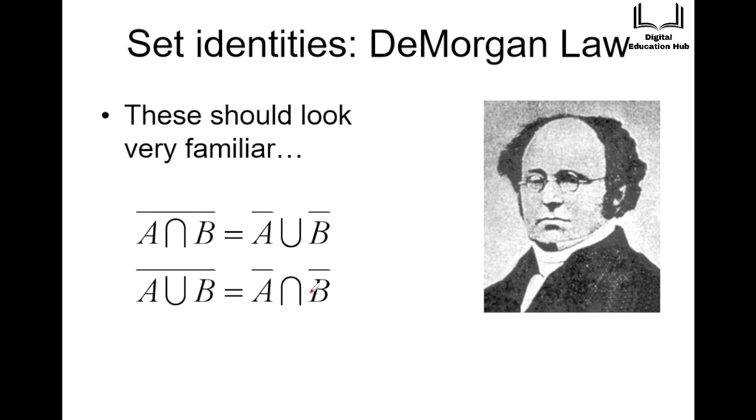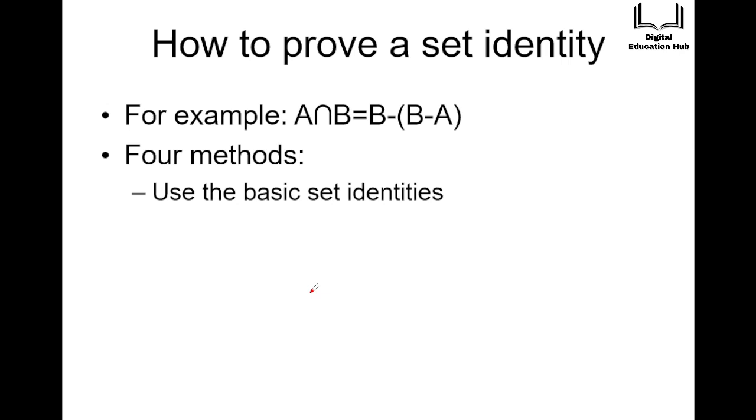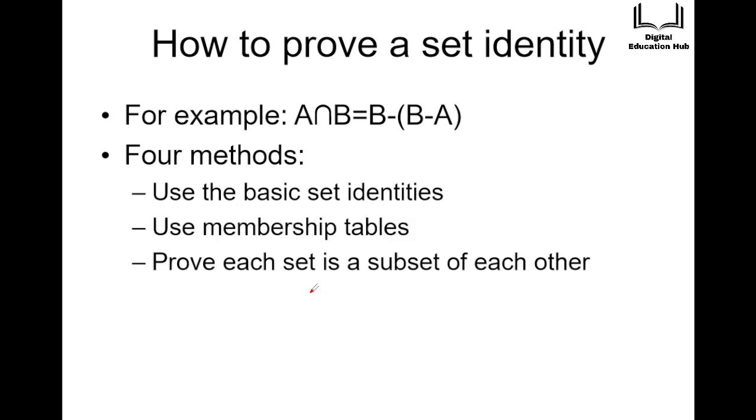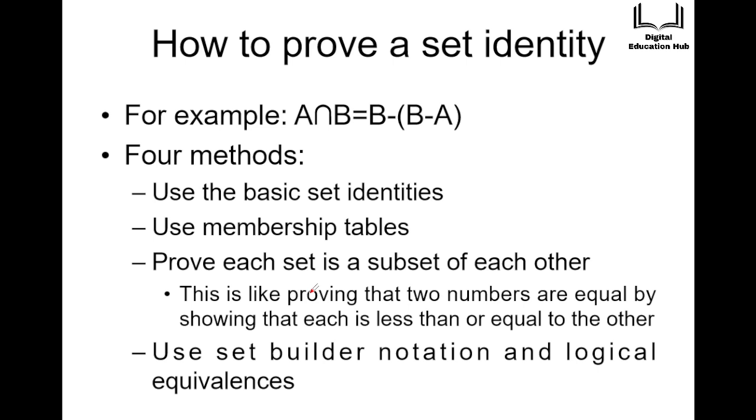Okay, we can verify this particular DeMorgan's law, or any set identities, through 4 methods. To prove any set identity, we can utilize 4 methods. The first is the basic set identities; we can use the basic set identities to prove them. Or we can utilize a membership table. Or we can prove each set is a subset of the other, and by proving that we prove the equation.